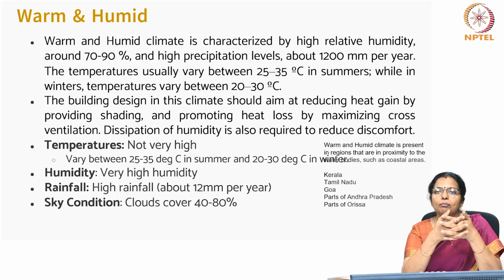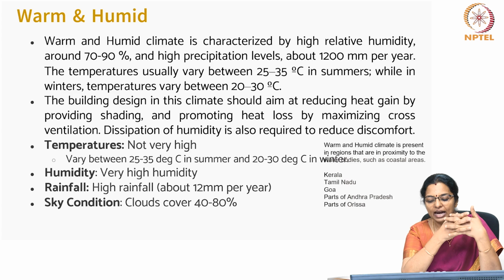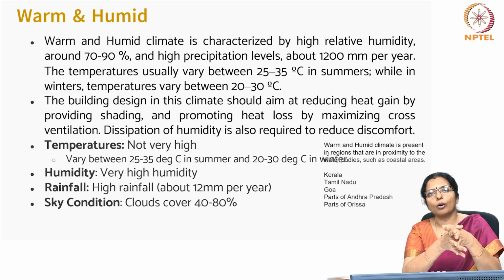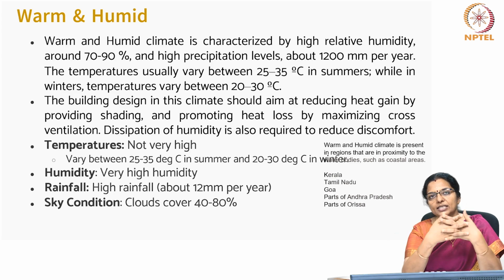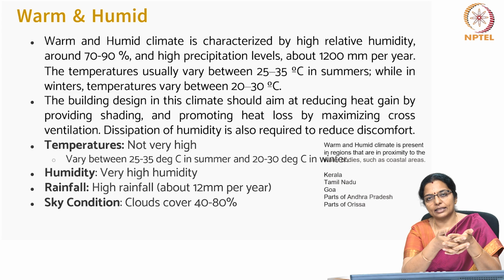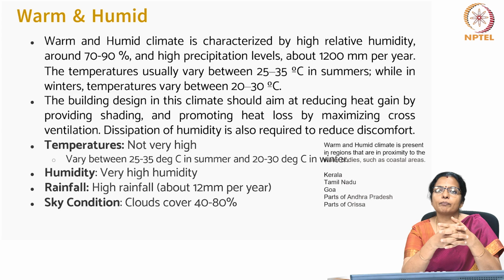Hot and humid happens when the annual average temperature is higher than that of warm and humid climate. So, if warm and humid climate says 25 to 35 degrees centigrade, and the annual average temperature is higher than that and the humidity is higher, then those areas are classified as hot and humid.